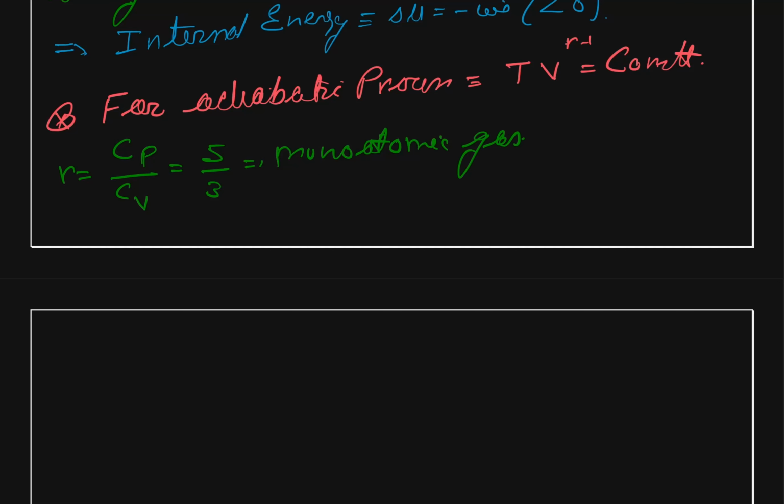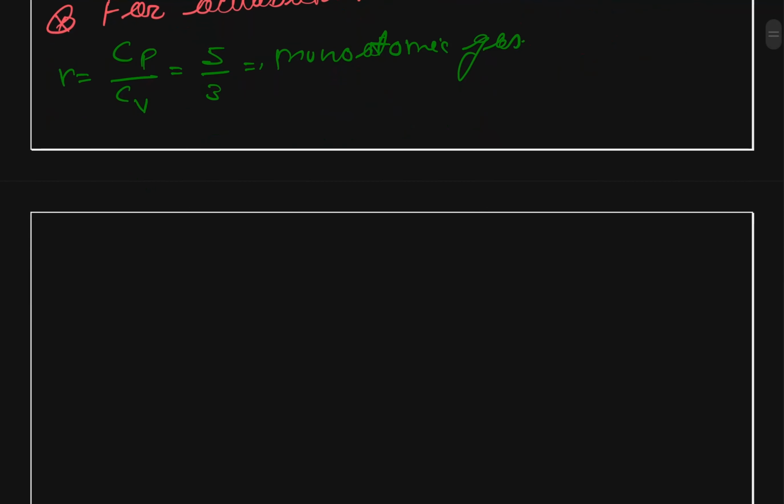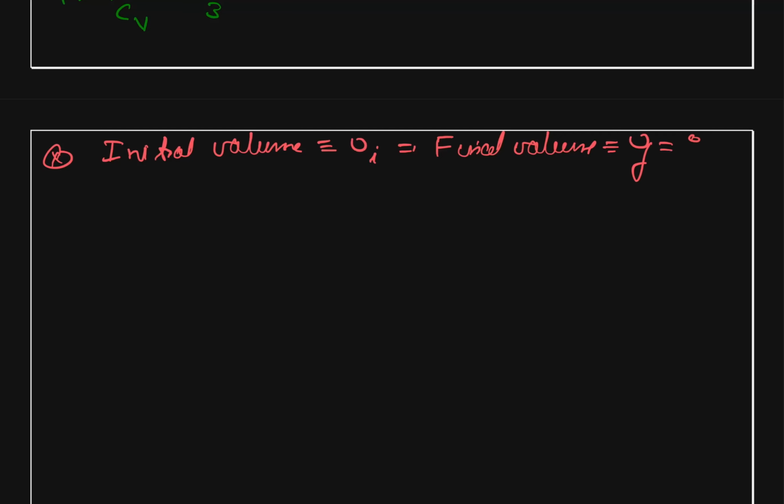We are given that the volume during expansion increases by a factor of 8. If the initial volume is V of I, then the final volume V of F will be equal to 8 times V of I.